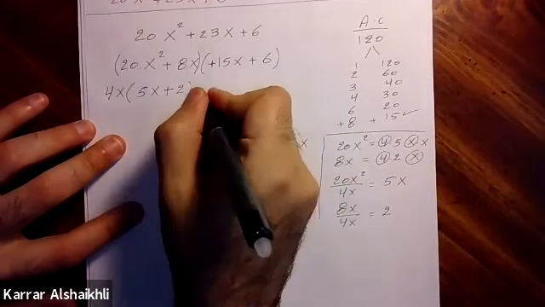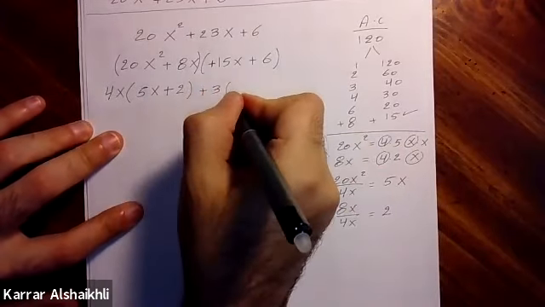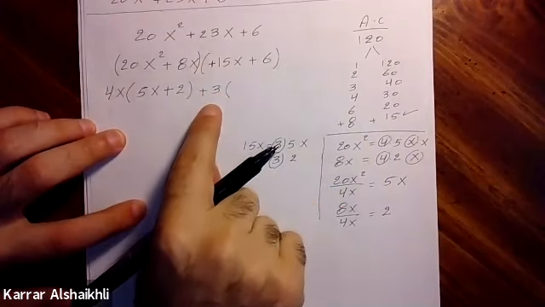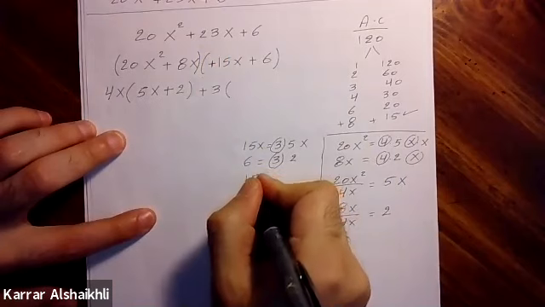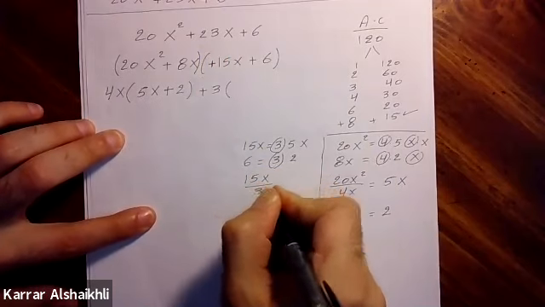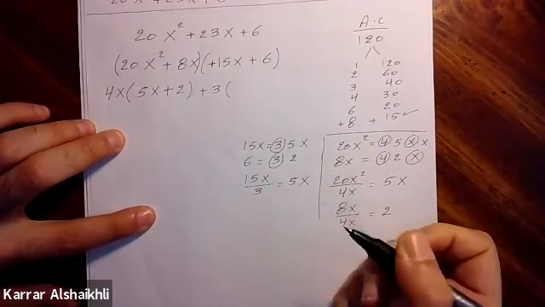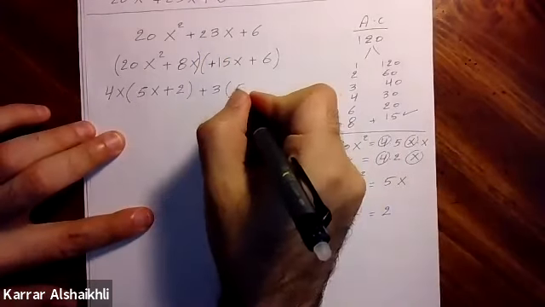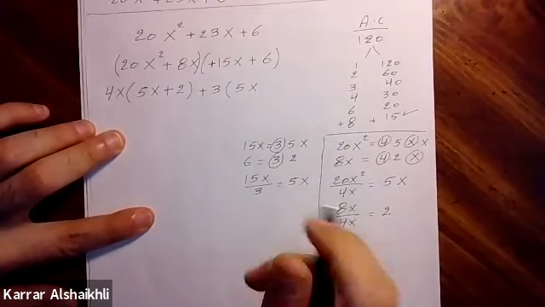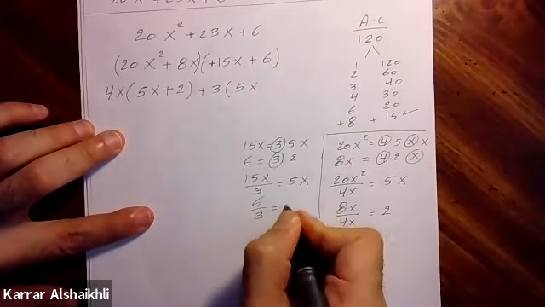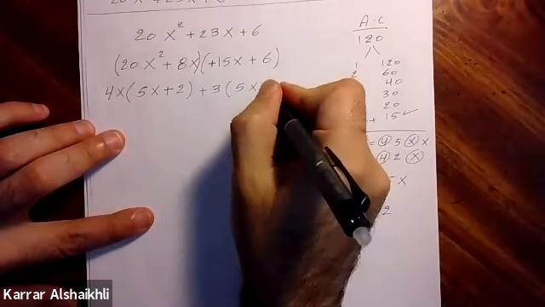So I'm going to write down plus 3, open parentheses. Let's start dividing. 15x divided by 3. 15 divided by 3 is going to be 5, and here is the x. So it's going to be 5x. 6 divided by 3 is going to be 2. So it's going to be plus 2.